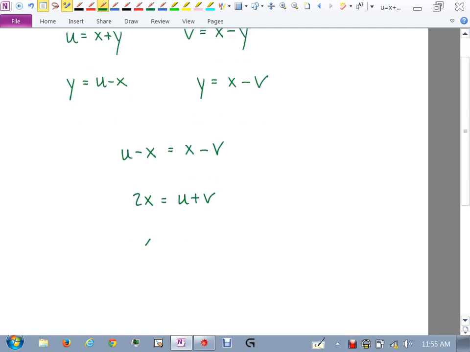Which tells you that x must be 1/2 u plus 1/2 v. Right there, I have a nice definition of what x is in terms of u and v. Now what do I do to get y in terms of u and v?